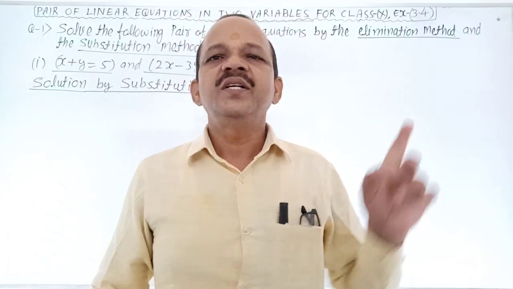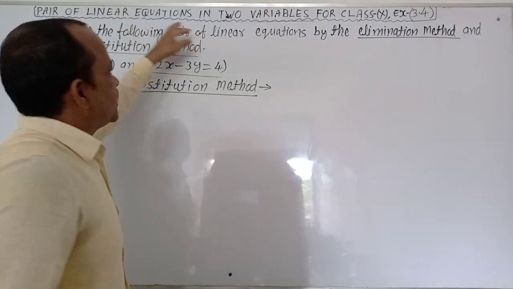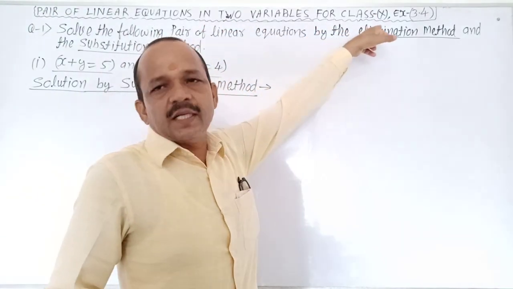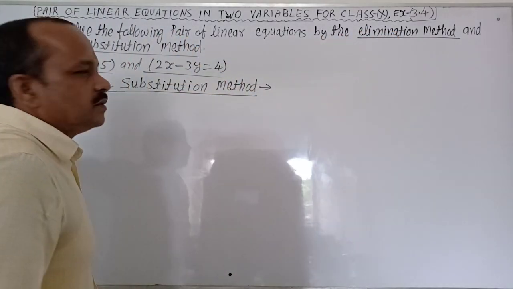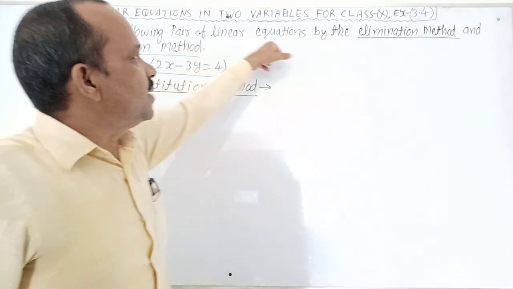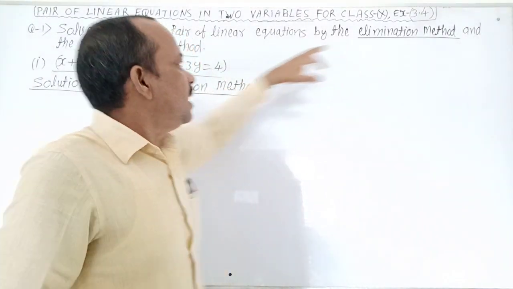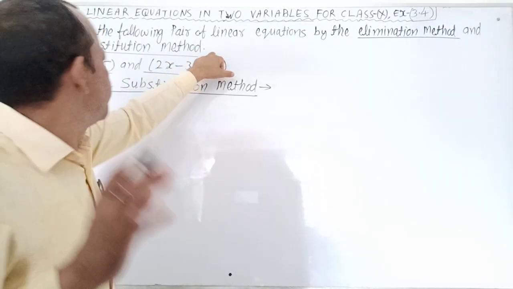Very good. See the pair of linear equations in two variables for class 10 exercise 3.4, question number first. Solve the following pair of linear equations by the elimination method and the substitution method. Clear?